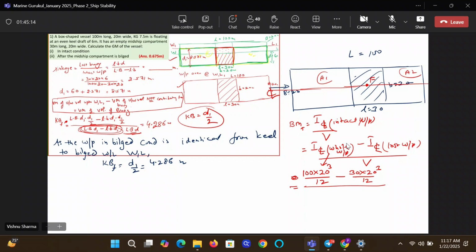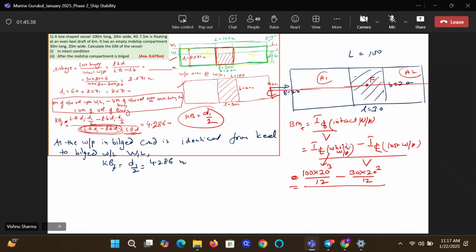Go back to the formula which you wrote when we did BMT and BML. You guys don't want to learn the correct things technically. What is V? Some people spoke correctly a while back: volume of displacement.